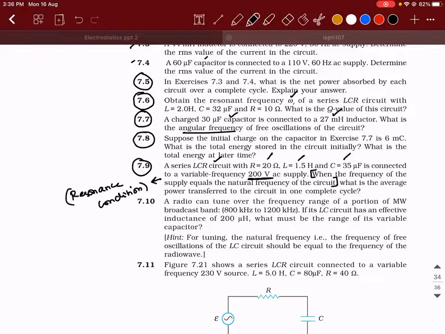In an LCR circuit, they will say that the current is maximum. That is one way of stating it. The second way is that the frequency of the supply will be equal to the natural frequency of the circuit. That is also resonance. So in this condition, what is the average power transferred to the circuit in one complete cycle?